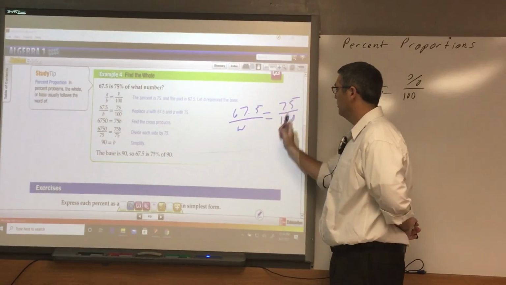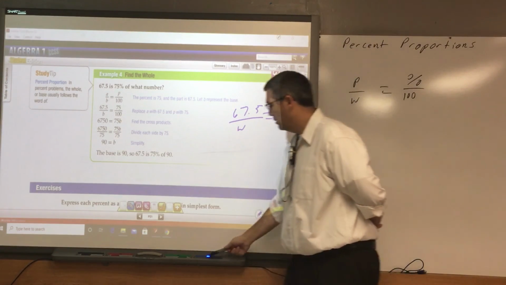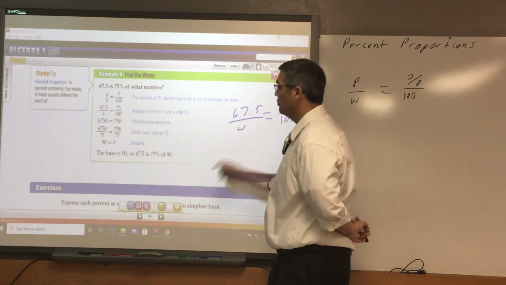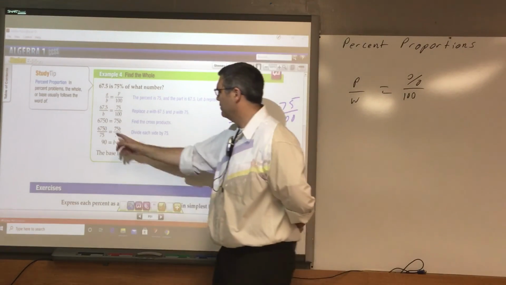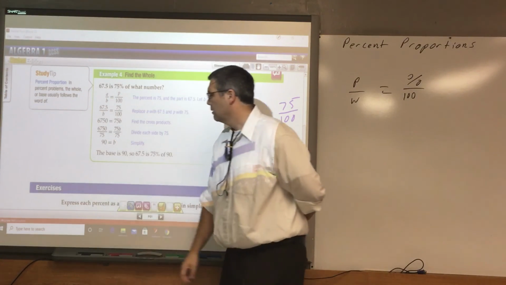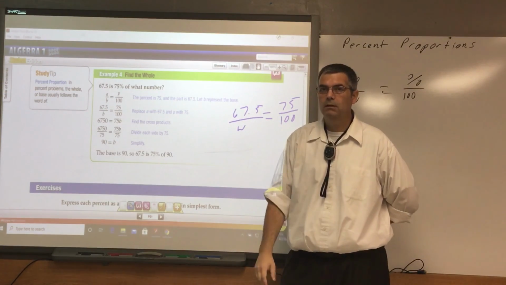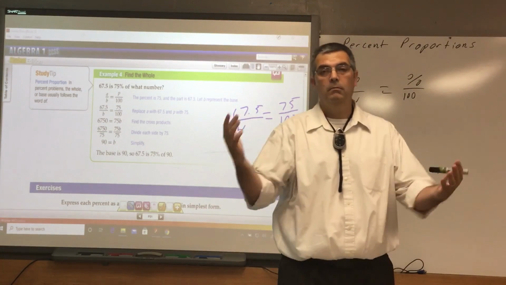Cross multiply, divide, figure out what your W equals. And if you wanted to see the math worked out, they have it there. They did a little bit of weird stuff here, but oh no, they got it right. Okay, they're good. But it's not that big a deal. It's not that hard. If you have any questions over this, come talk to me, let me know. You've seen this before.